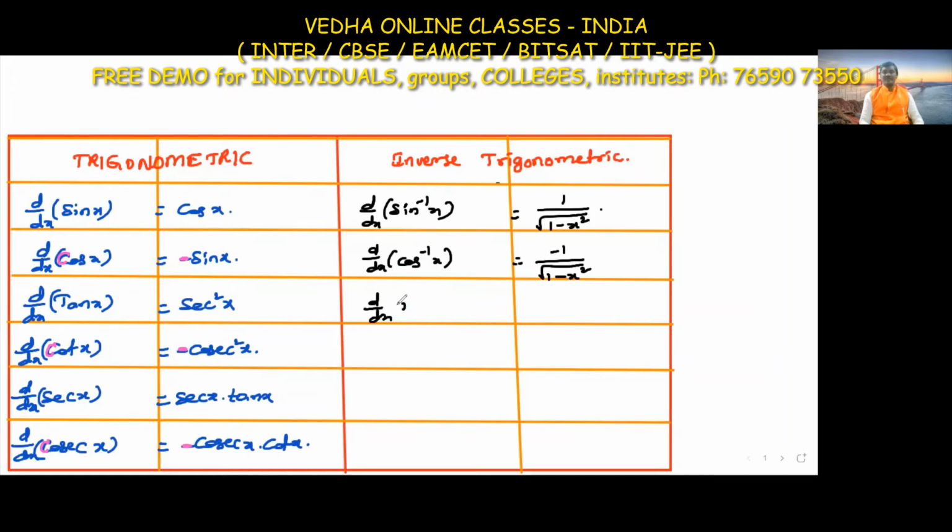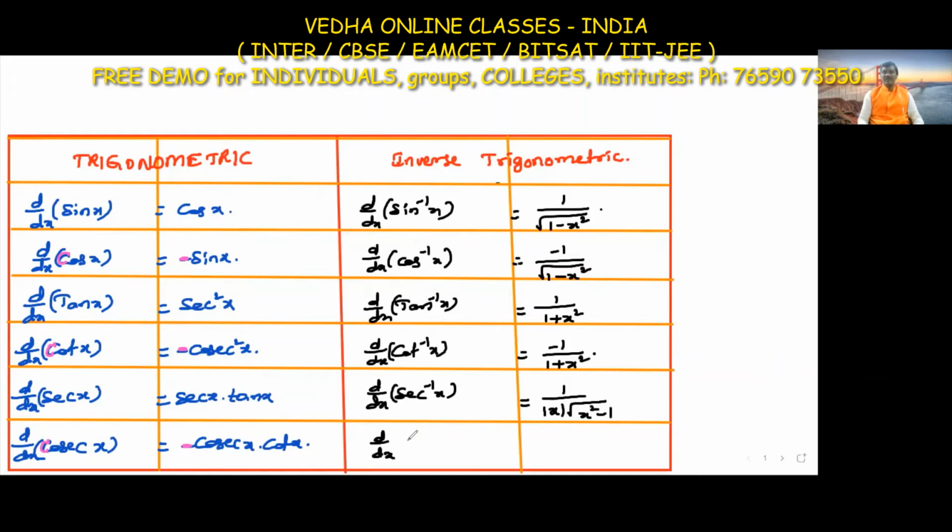d by dx of tan inverse x is 1 by 1 plus x square. d by dx of cot inverse x is equal to minus 1 by 1 plus x square. d by dx of secant inverse x is 1 divided by mod x into root of x square minus 1. d by dx of cosecant inverse x is equal to minus 1 by mod x into root of x square minus 1.